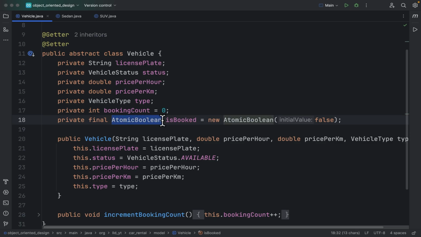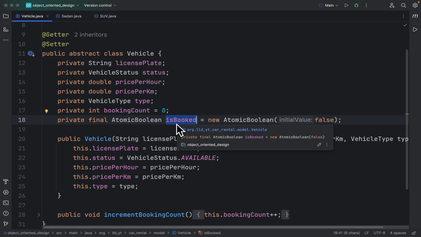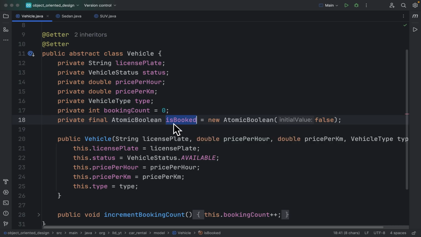So what this would do is it will allow us to book a vehicle and that booking will be done atomically. That is, only one thread will be allowed to change the state. So if it is false, then only one thread will be able to make it through.